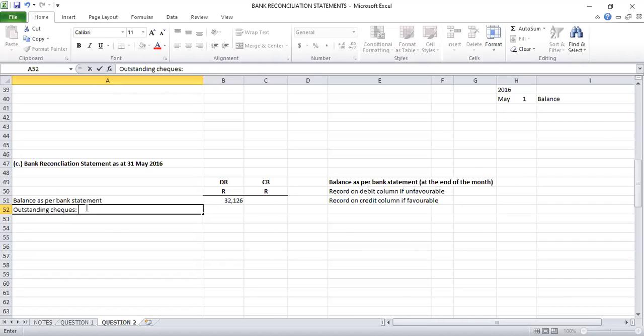So that is check number 685, dated March 2016, ICT services.